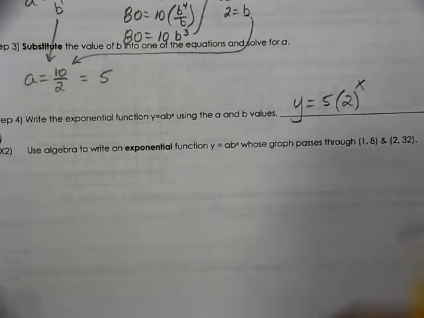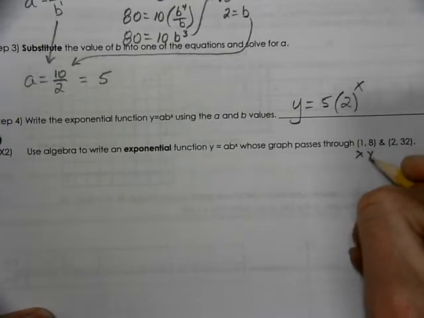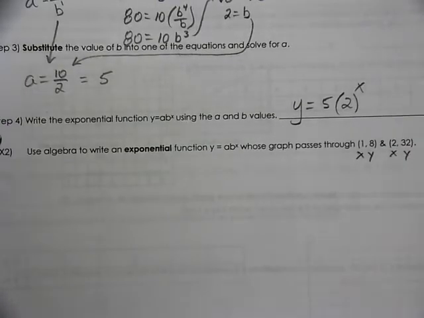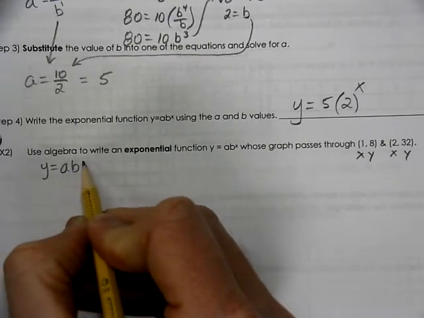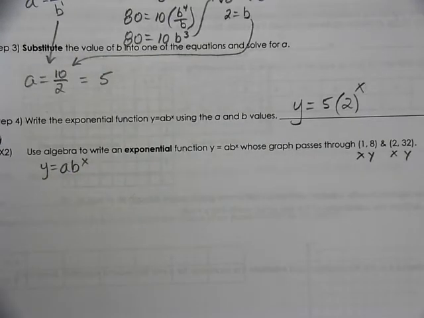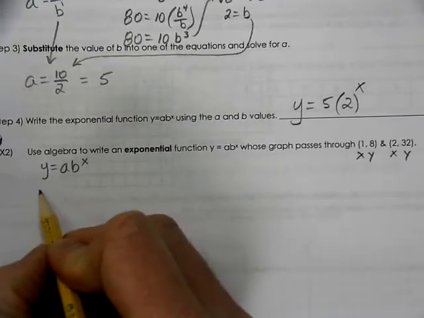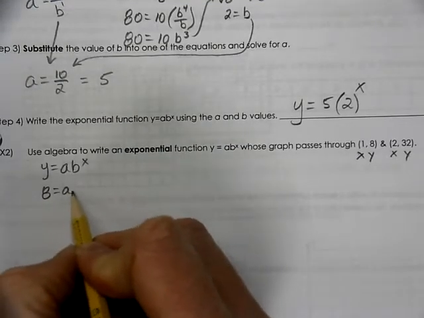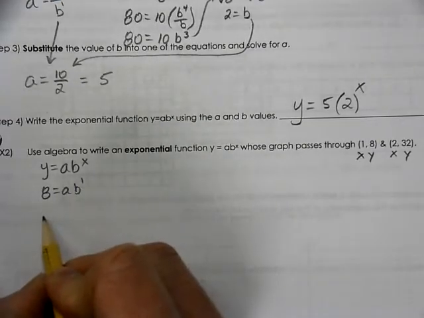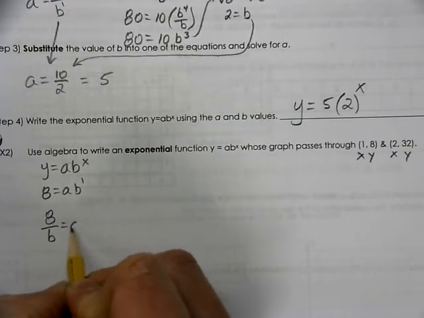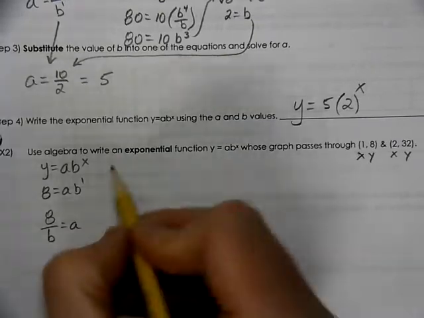Let's try to set up this next one. We know that we have x and y, and another x and y. So using my format of y equals ab to the exponent of x, we'll plug in 8. And we'll divide by b. So now we have a.